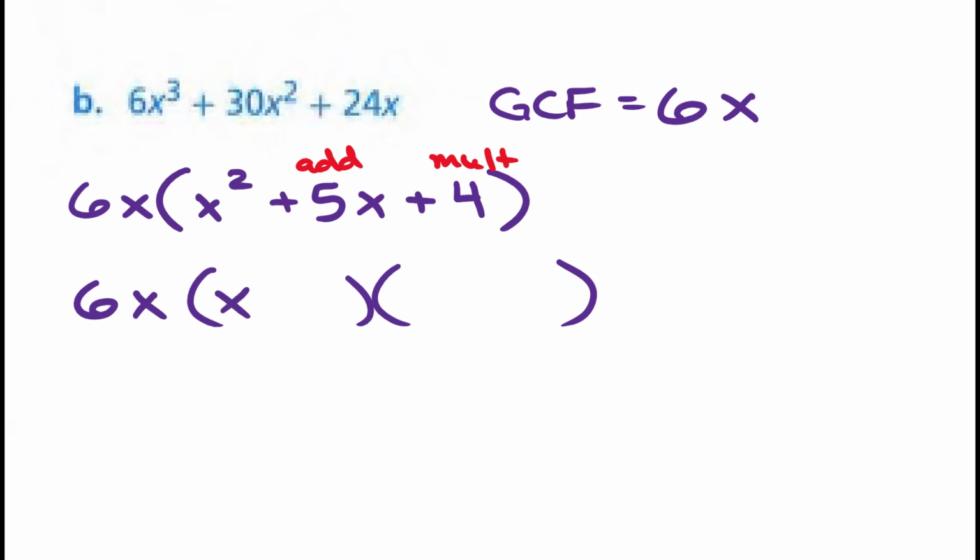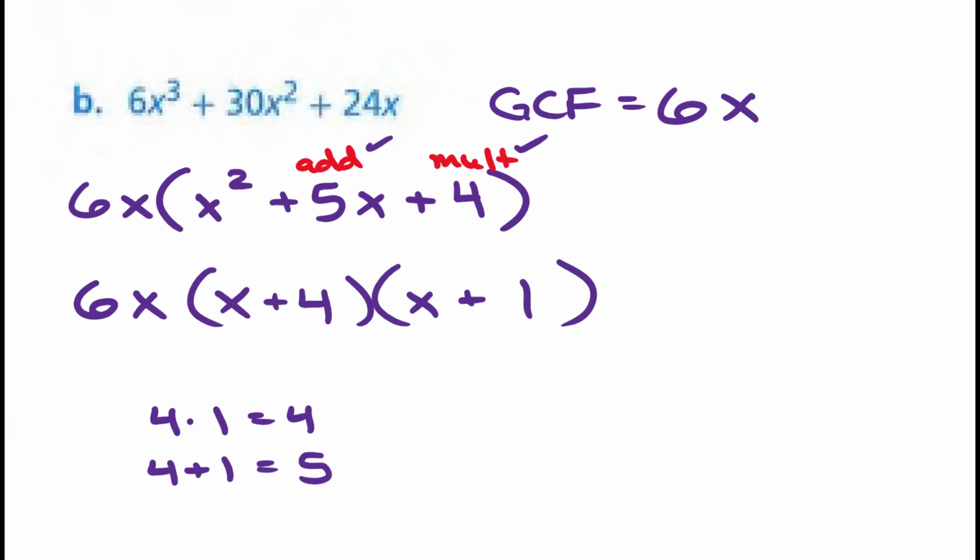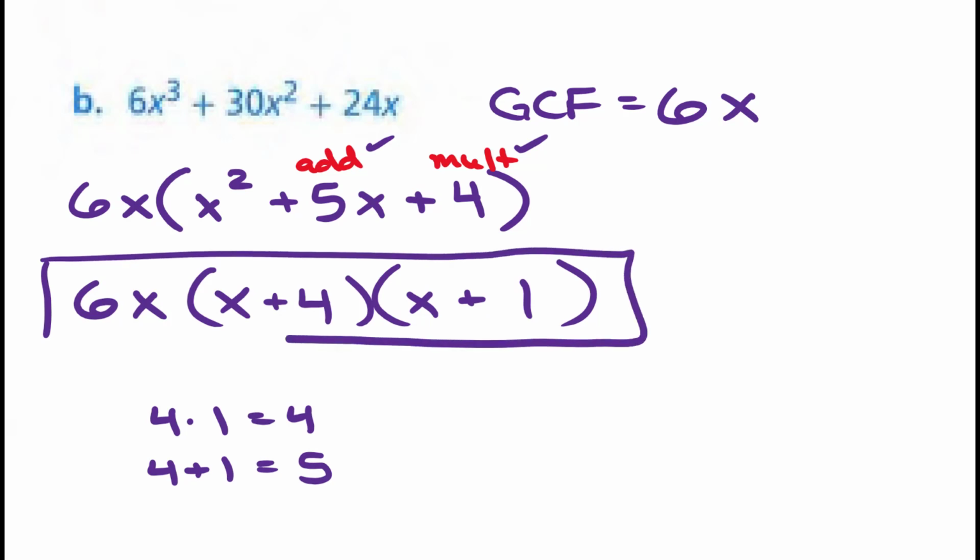We'll start with our x's, and it looks like 4 and 1. So we'll say plus 4 and plus 1. 4 times 1 gives us 4, check. And 4 plus 1 gives us 5, check. We cannot factor this anymore, so this is our final factored form.